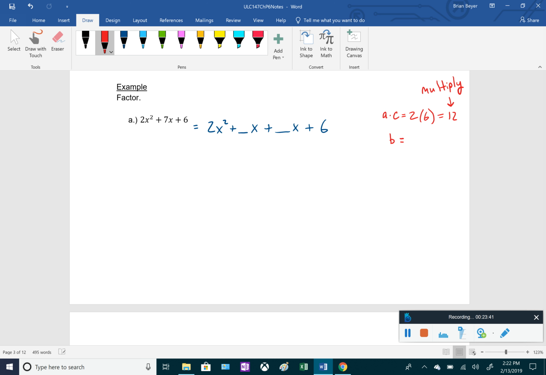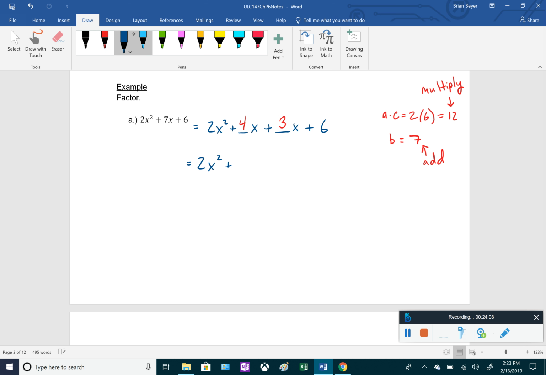The b value here is the original x coefficient, which is 7, and our blanks also have to add to 7. So we need two numbers that multiply to 12 and add to 7. Those two numbers are going to be 4 and 3.